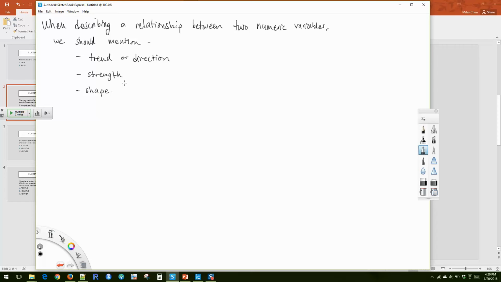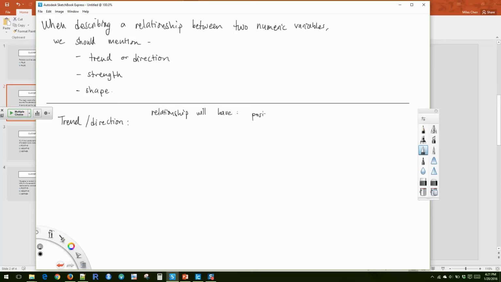So this first idea is trend slash direction. A relationship will have a positive trend, a negative trend, or neither.